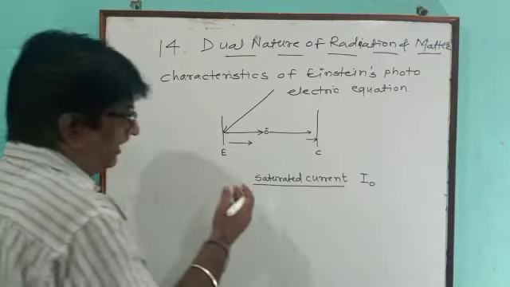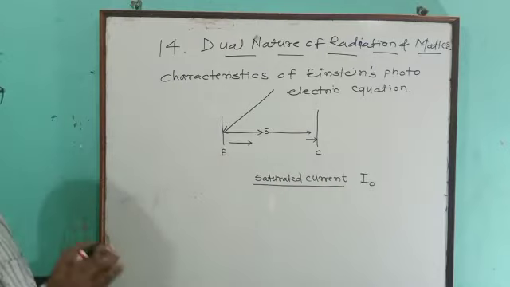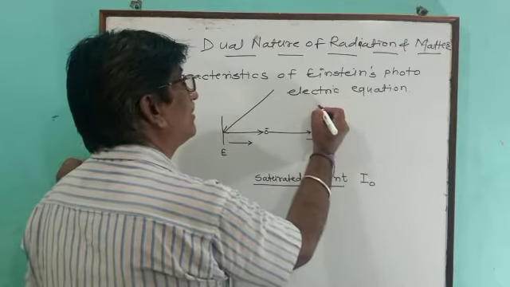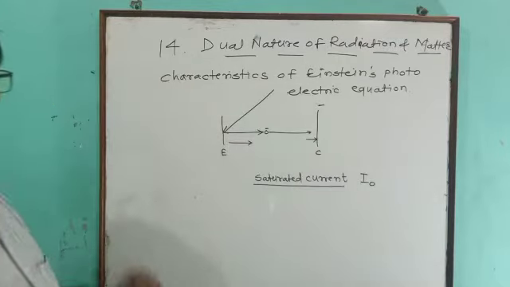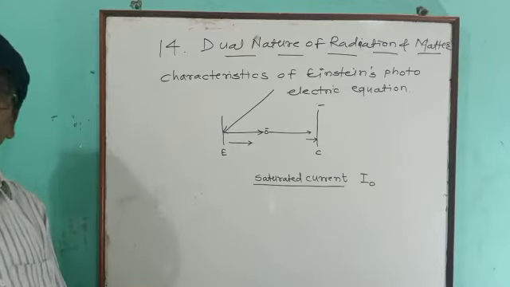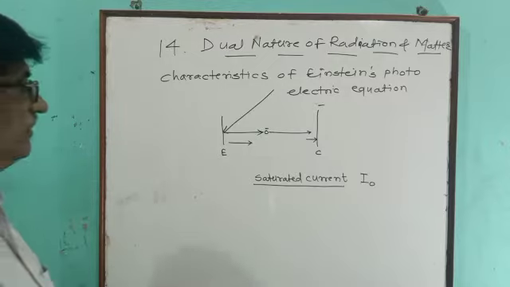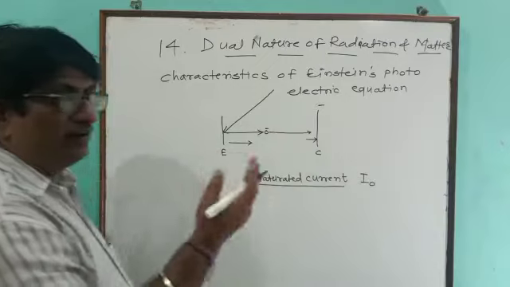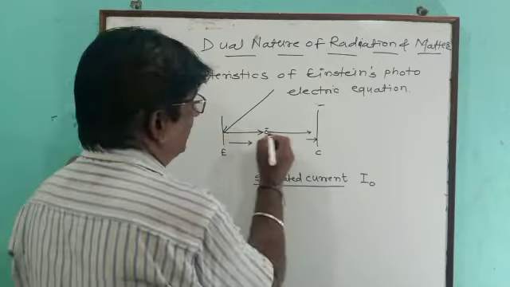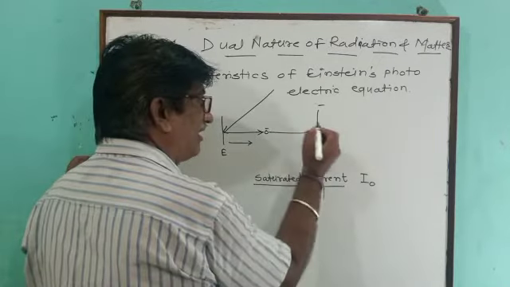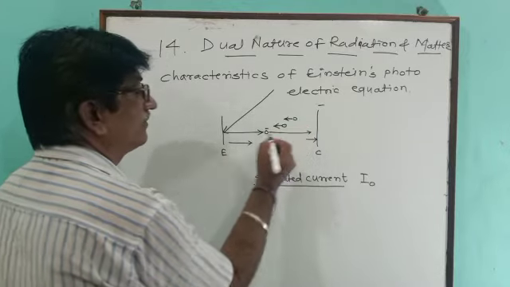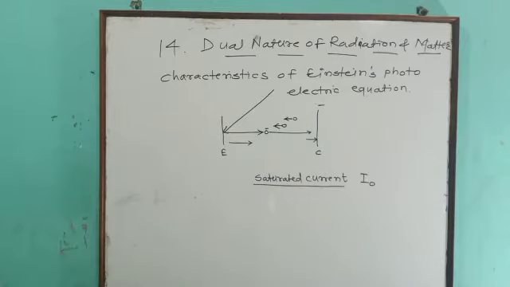But if the intensity of incident light is kept constant and the polarity is reversed, so that the collector has negative potential compared to the emitter, what happens? The emitted electrons are not attracted towards the collector; they are repelled back towards the emitter.